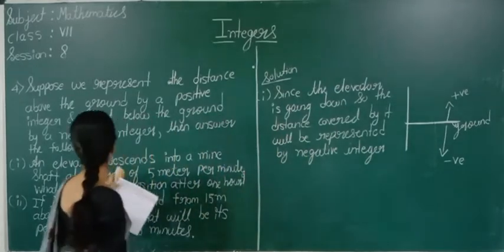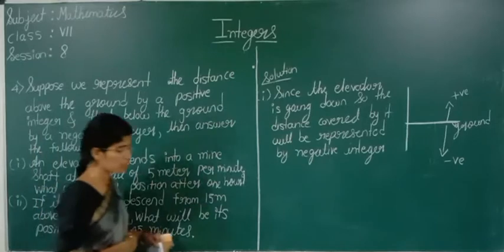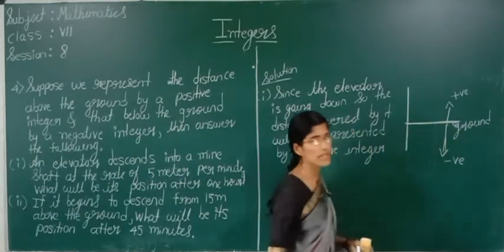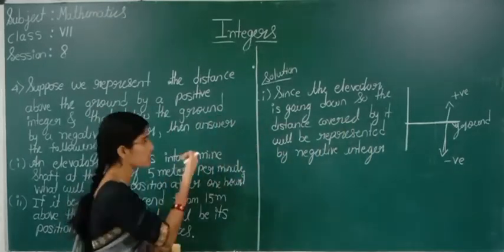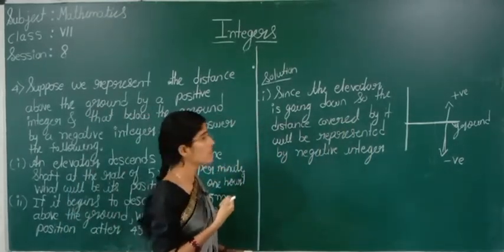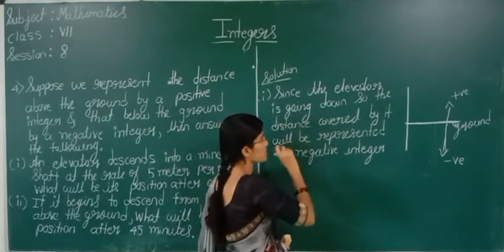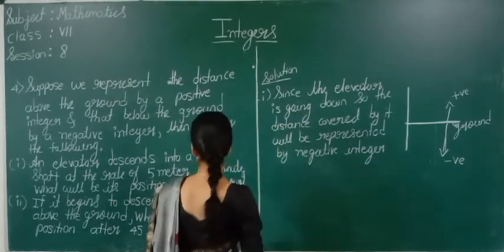Because they told us in the question that the distance above the ground is a positive integer and the distance below the ground is a negative integer. Now in the first question, the elevator is going downwards, that's why we write that the distance covered by it will be represented by a negative integer.